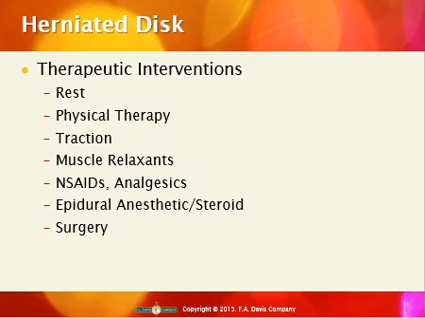Therapeutic interventions contain rest, physical therapy, traction, muscle relaxants, NSAIDs and analgesics, epidural anesthetic, steroids, or surgery. One to two days of bed rest followed by a careful and gradual increase in activity. Physical therapy can be very helpful.